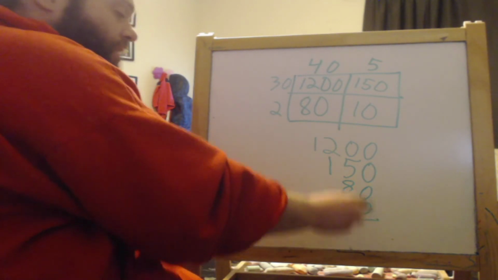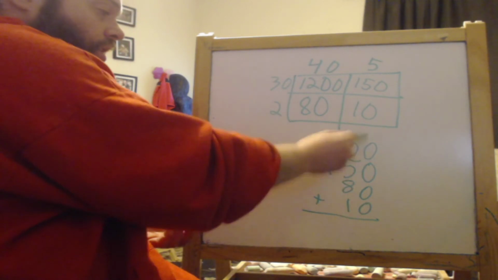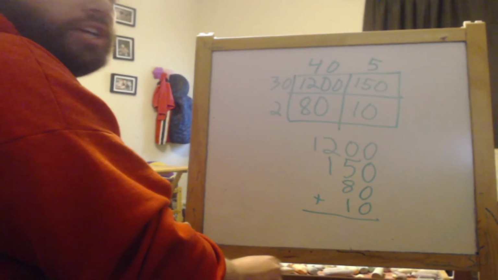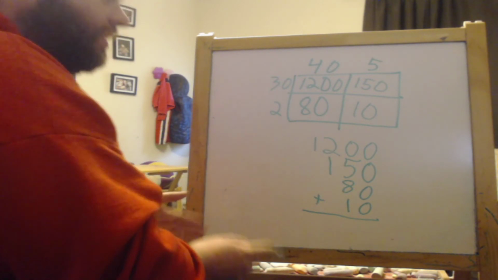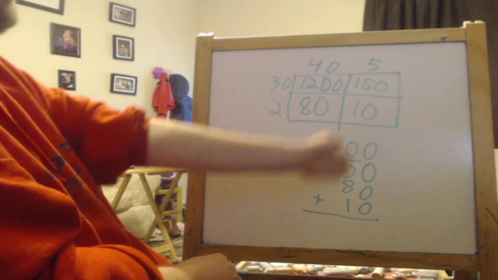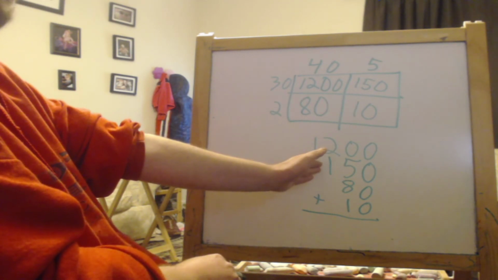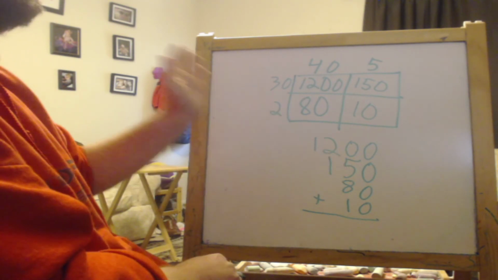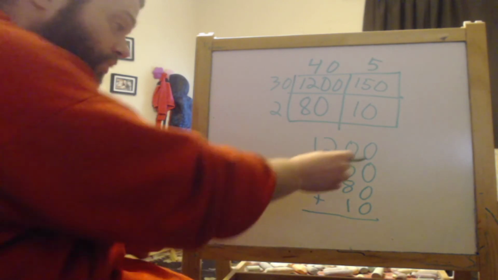You want to make sure you are writing these very neatly, because if they are not lined up exactly right, you're going to start adding numbers that are in the hundreds with numbers that are in the tens, and you will get the answer wrong. So the key is to make sure you are doing this neatly.